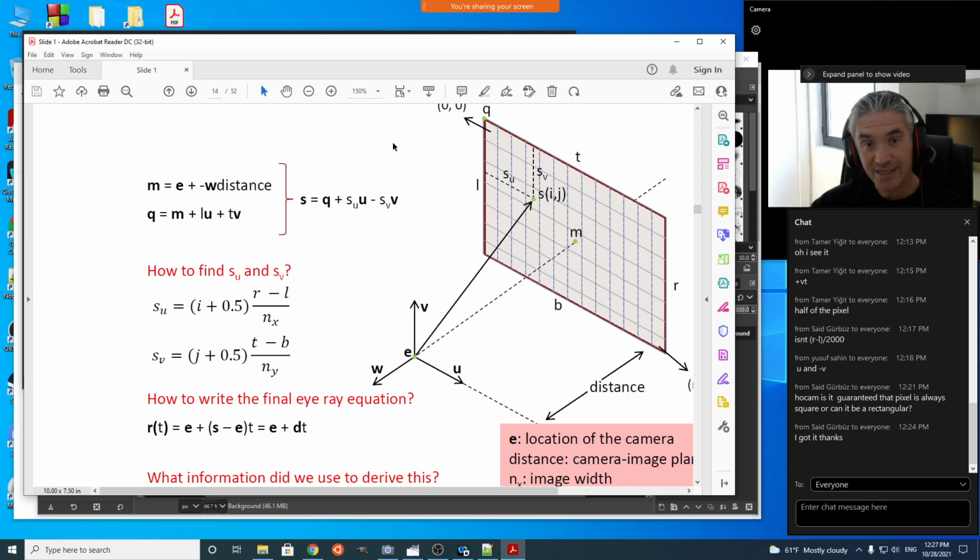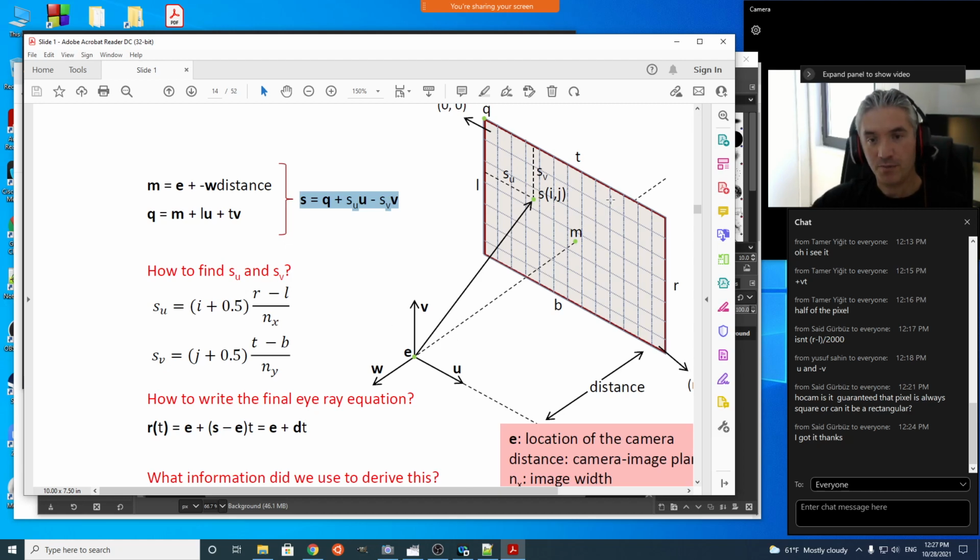So S is equal to, from Q, SU units in the U direction and SV units in the minus V direction. This is the final equation we got, and it's exactly the same as what we found on our whiteboard.